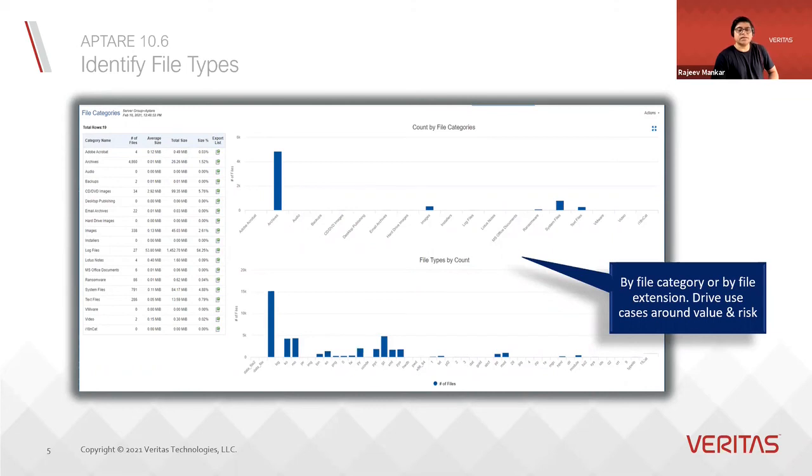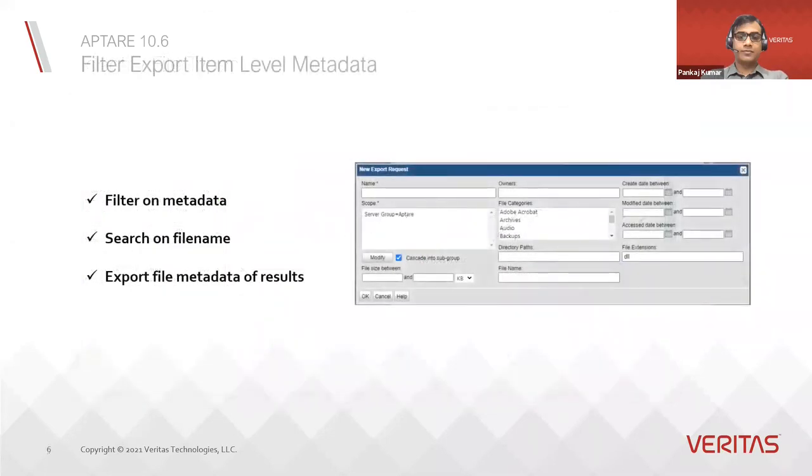You can understand the usage of those files, what kind of capacity, what kind of files they are, which application owns them, and the file counts. And as I mentioned, you can also export all these items, the metadata, using some filtering mechanism based on the file categories, the date range, the file names, into a CSV file, which can be further used.